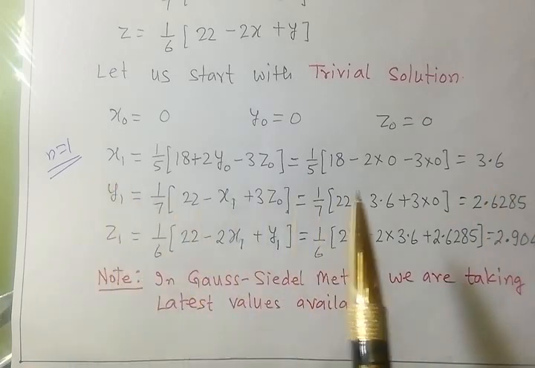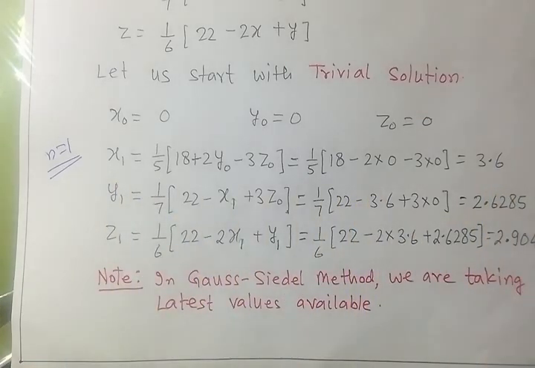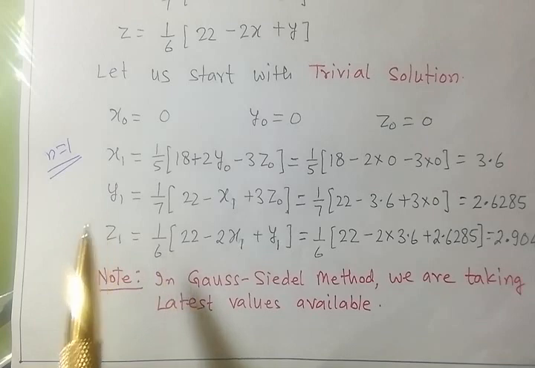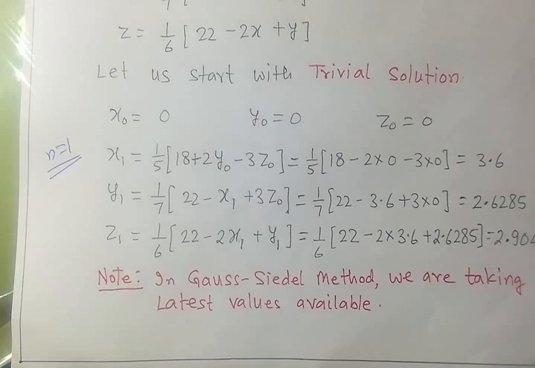Now up to x1, the methods of Jacobi and Gauss Seidel are exactly the same. So why is this a different method? Because the difference starts at y1. What is the difference? In Jacobi's method, we were considering the old values. For example, x naught, y naught and z naught all are 0.